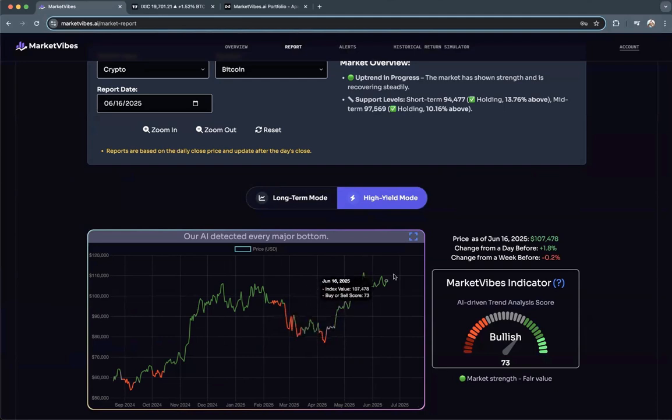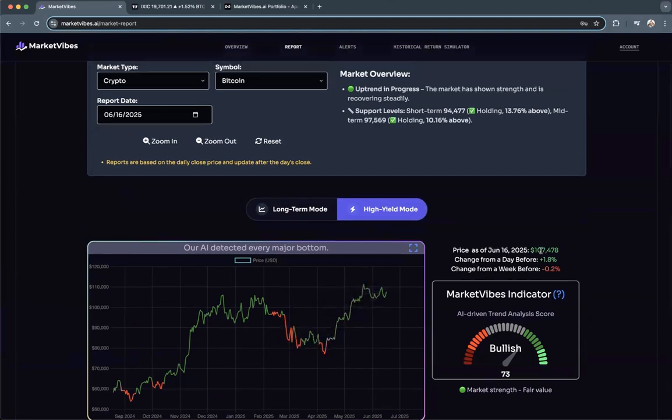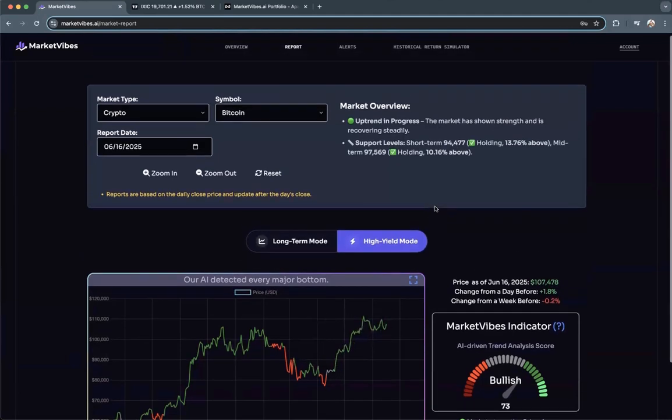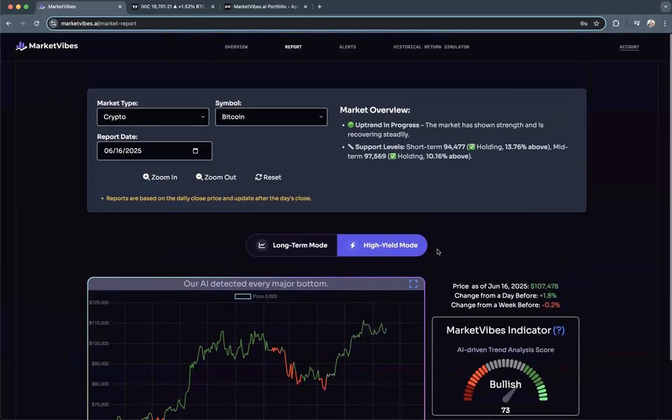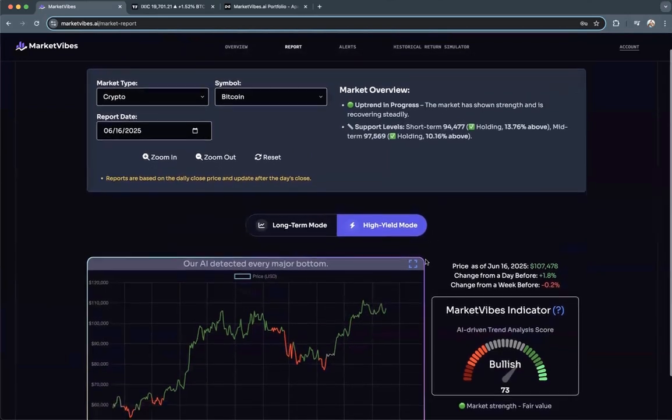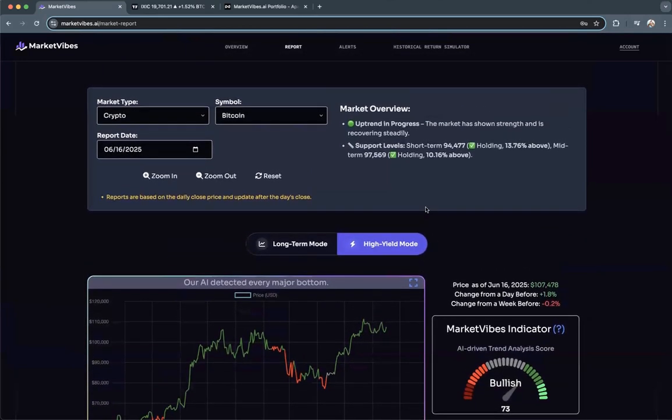As you can see, the price is currently around 107,000 and it's been green for a while: the whole of April, May, and now midway June. There is no bearish momentum that MarketVibes.ai has detected, which means anytime you came, if you wanted to invest, you could just say, hey, it's green, I'm going to get in. That's what I'm doing.